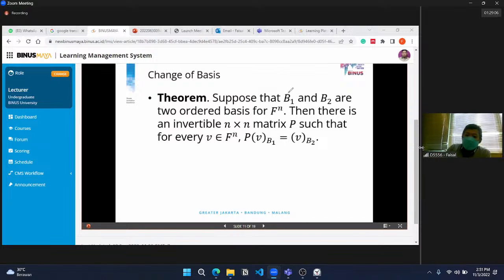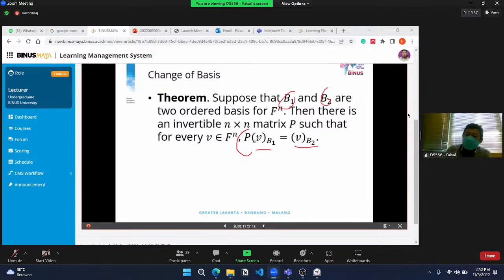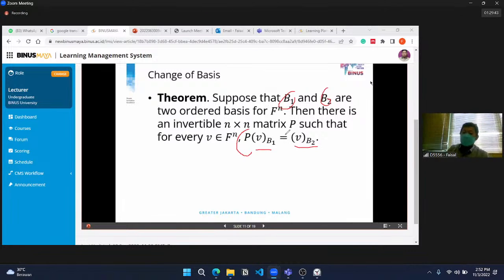This is how we change the coordinates of a vector from one basis to another basis. We call it change of basis. Suppose B1 and B2 are two ordered bases, then we can change the coordinate from B1 to B2 by multiplying the coordinate by an invertible matrix called P.